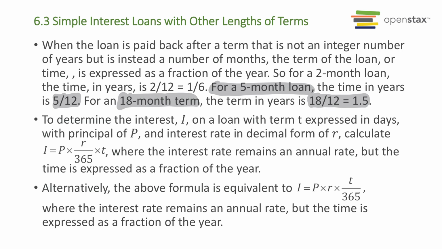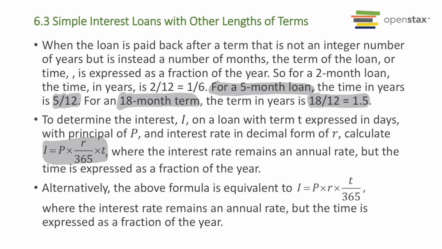Now, if it's not a full year, we would calculate that out of 365 days. So that changes the interest formula, because again, R is the APR, the annual percent rate, so we calculate that out of days. That would divide the rate by 365.